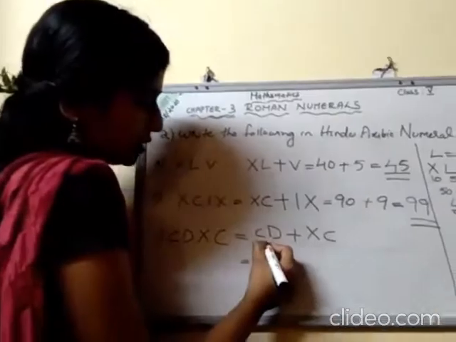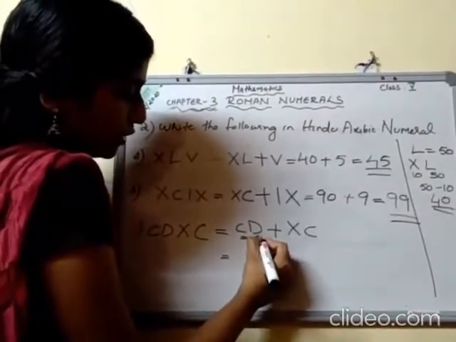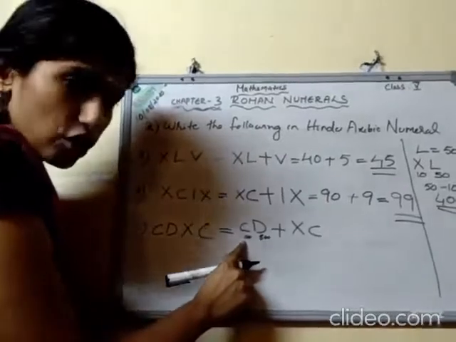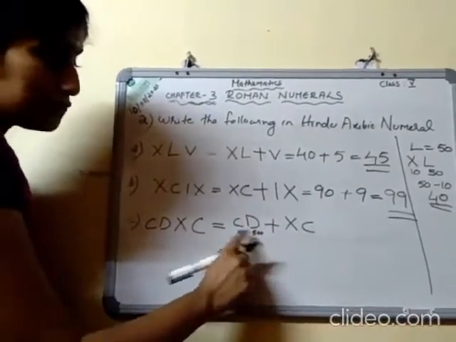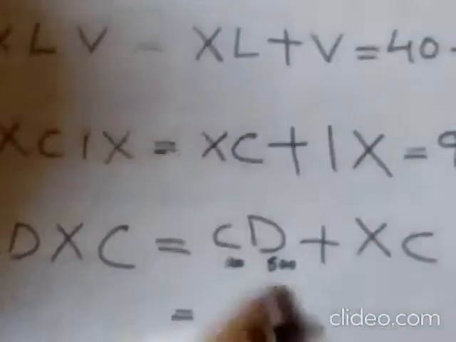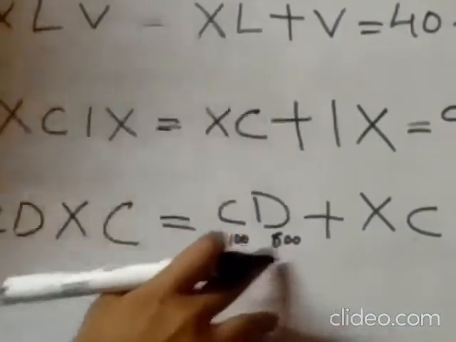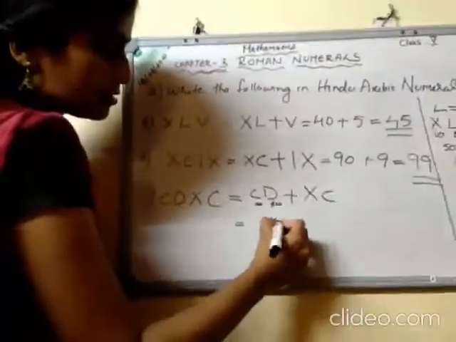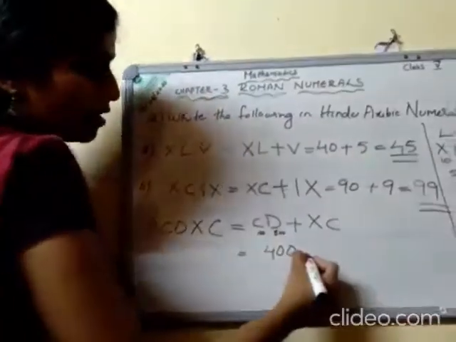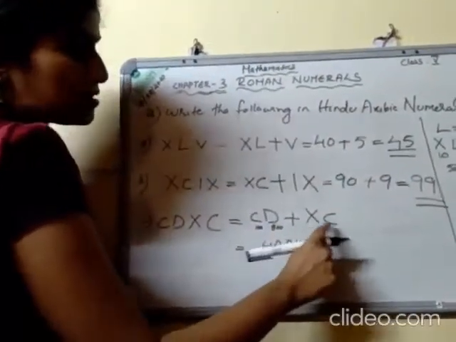C is 100 and D is 500, and 100, the smaller value, is placed to the left side of the larger value. So what do we have to do? We have to subtract 500 minus 100. So what is this value? CD represents 400, plus XC.